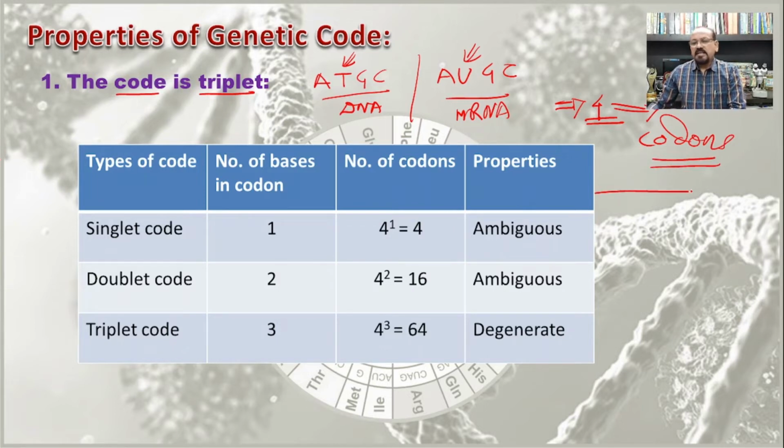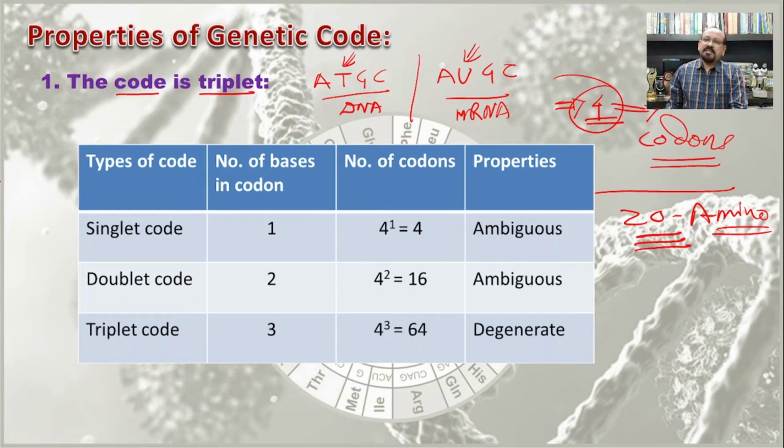If you see the natural amino acids, there are 20 amino acids discovered from different living organisms. It means that these 4 nitrogen bases must be responsible for specifying these 20 amino acids. There were many experiments regarding the deciphering or cracking of the genetic code.